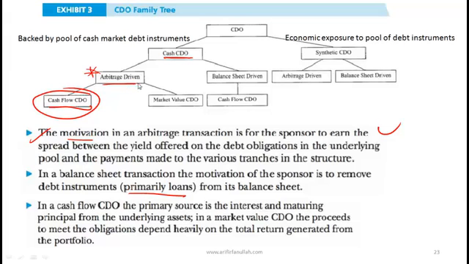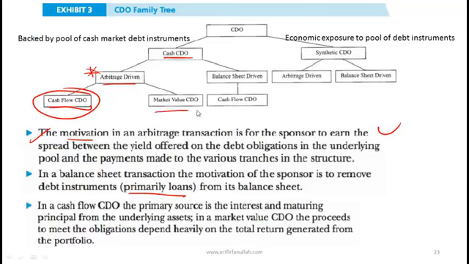Then within arbitrage driven, you can have either cash flow CDOs or market value CDOs. In a cash flow CDO, you are making money based on all the interest payments that you are receiving, and you are trying to ensure that the cash flow, interest, or coupon that you are getting is higher than the rate that you are paying your investors. You are not really trying to make money based on capital gains.